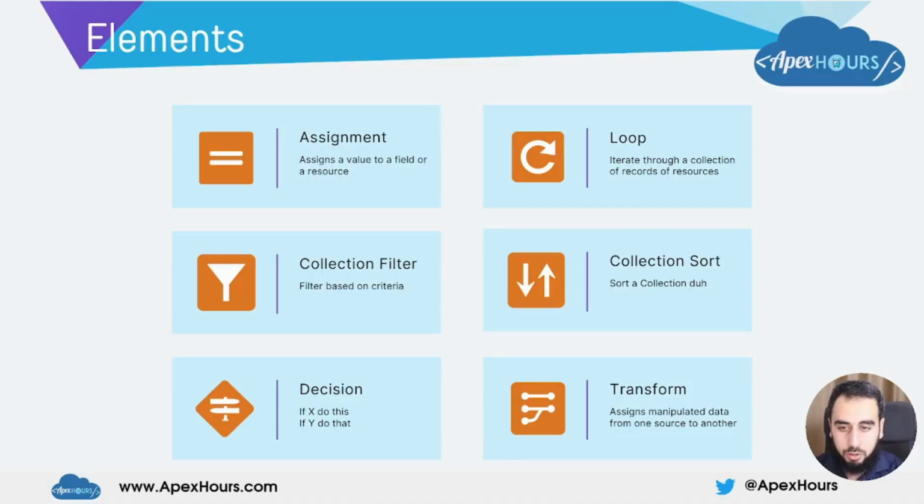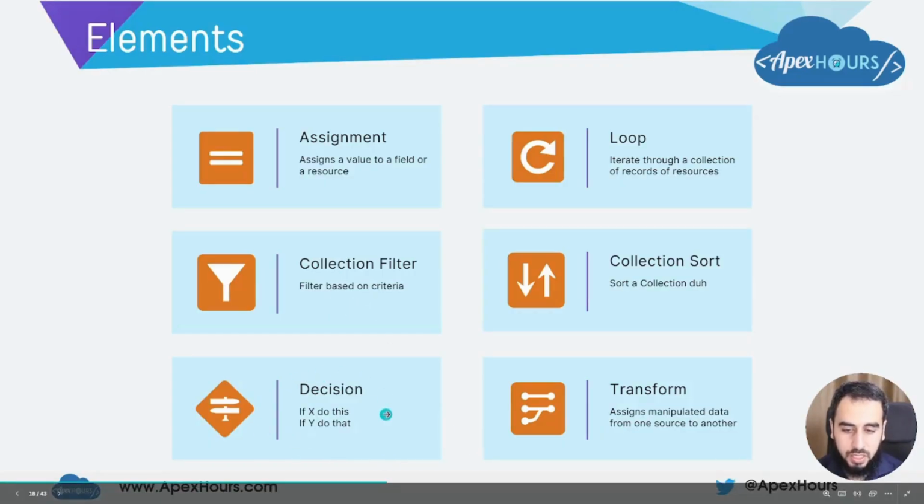So we got all those 10 opportunities and now we have them as part of the flow. And we want to separate this collection of 10 records into two collections instead: a collection of opportunities where the amount is greater than 500, and then another collection of opportunities where the amount is less than 500. And this is what you use a collection filter for.